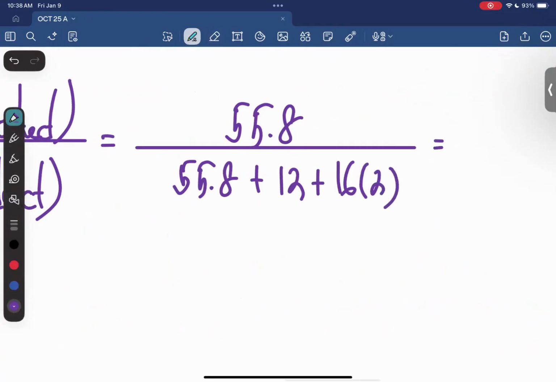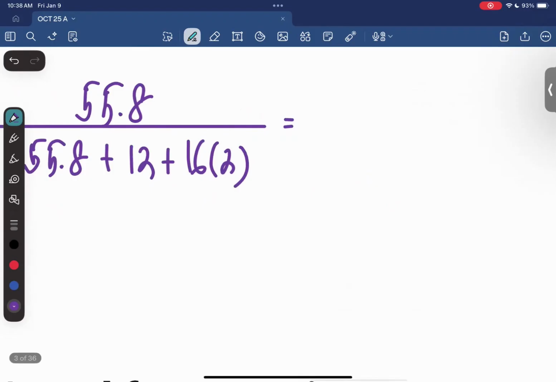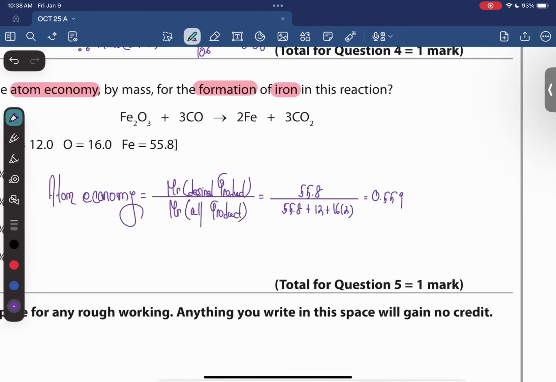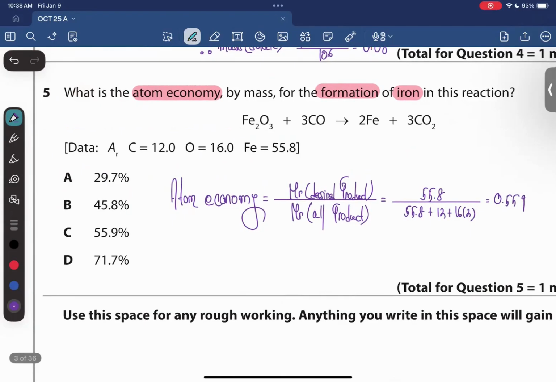Now if we do this, let's check the value of it. 55.8 plus 12 plus 16 times 2. You get a value of 0.559.